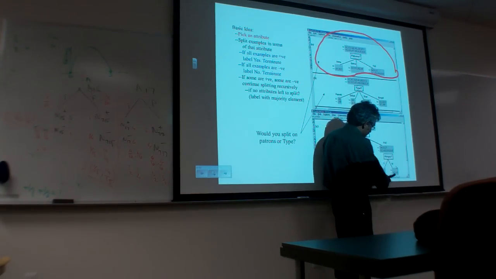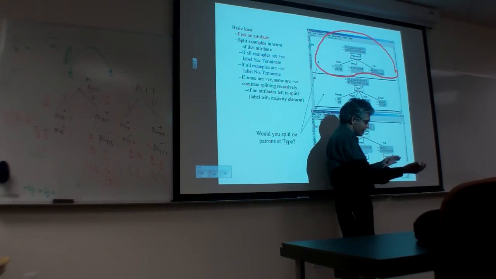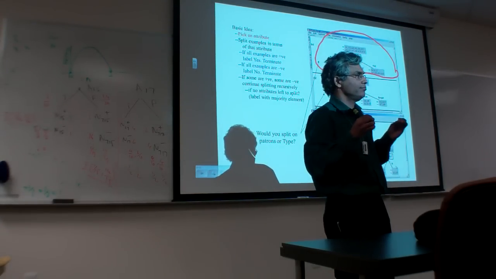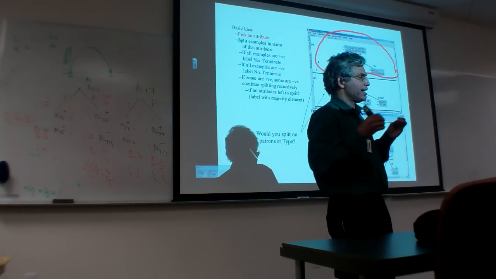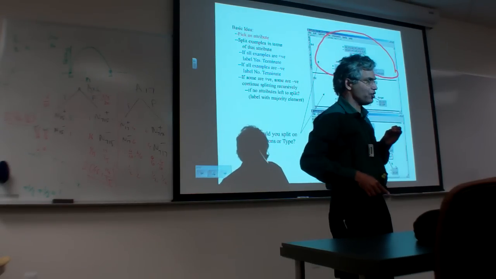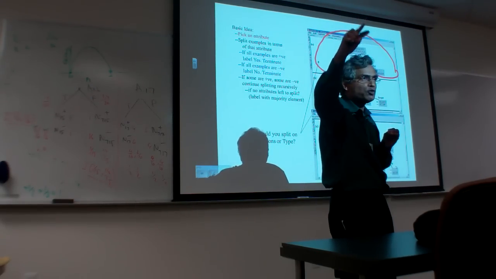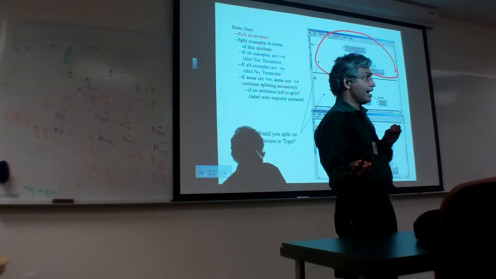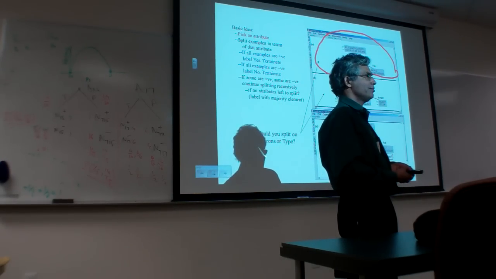When you run out of all questions to ask, then essentially all the examples here are identical as far as you are concerned. Because they're in the same exact branch. They have the same values for each of the attributes. And no more attributes are left. And yet some are positive, some are negative.